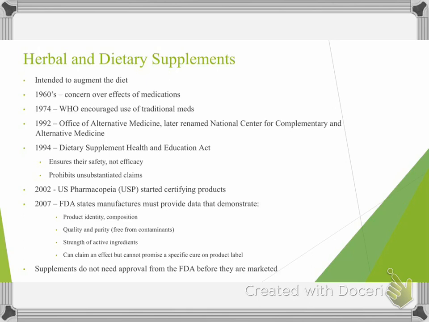But the patients continued to use supplements anyway. So in 1992, the Office of Alternative Medicine, later renamed the National Center for Complementary and Alternative Medicine, was created to study complementary medications, because people were doing it regardless of what the World Health Organization was saying.